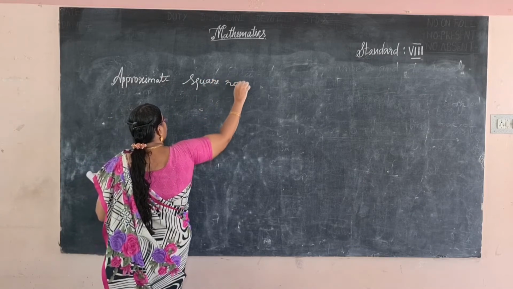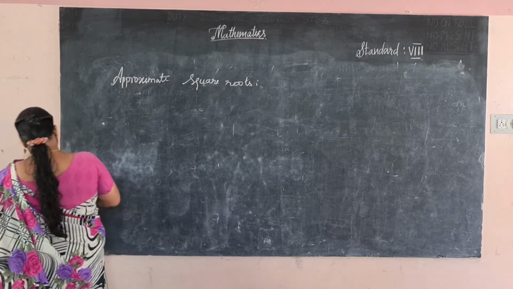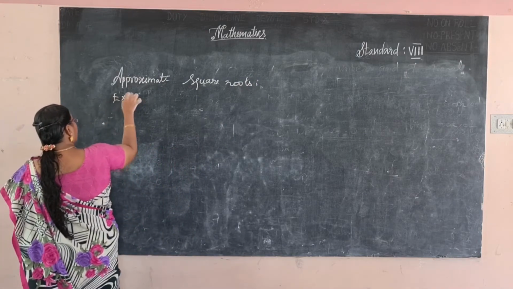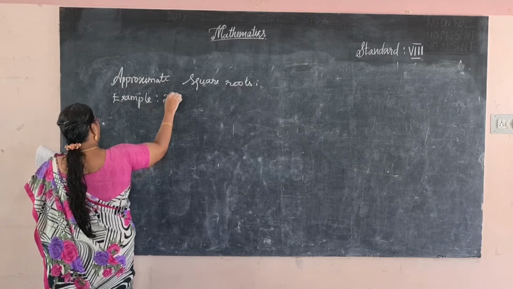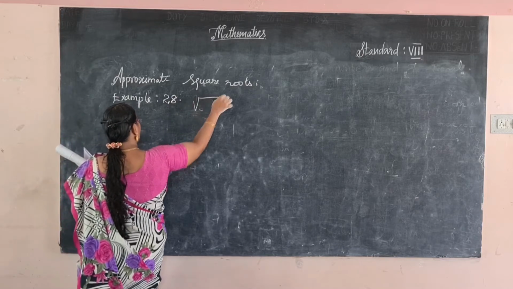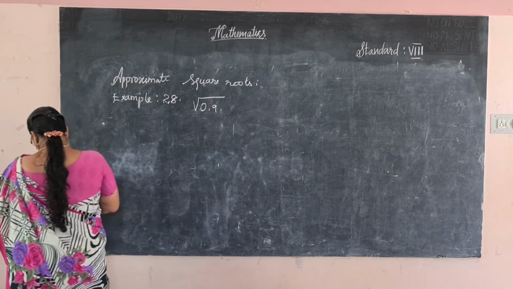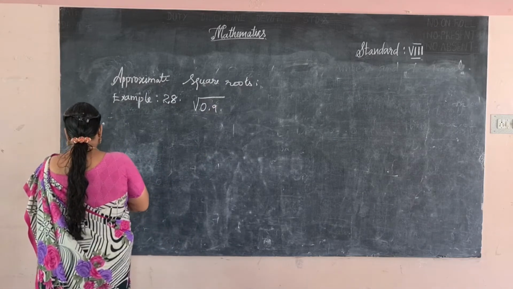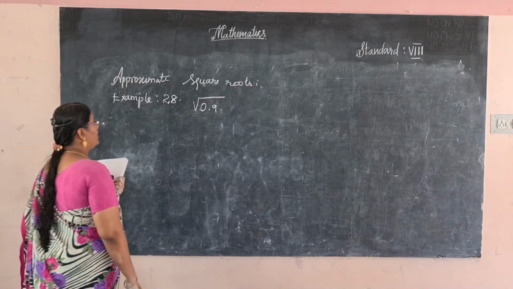Example 28: Find the square root of 0.9, correct up to 3 decimal places.